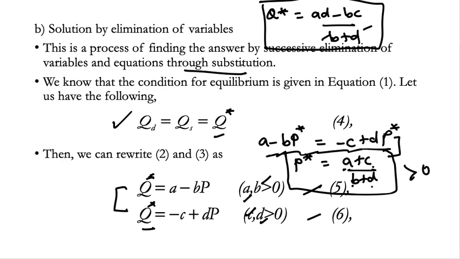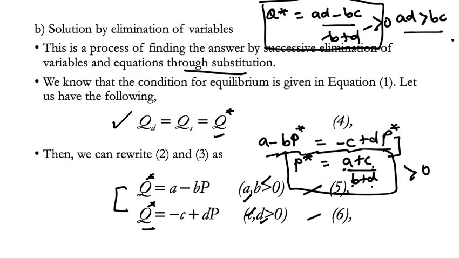Then to make sure that this equilibrium is reliable and can be referred to, we need to put a restriction. What's the restriction? Q star has to be positive, such that AD is greater than BC. Then we can have Q star greater than 0, a positive value. Otherwise, it doesn't make sense to have an equilibrium in a market in which the equilibrium quantity is a negative value.